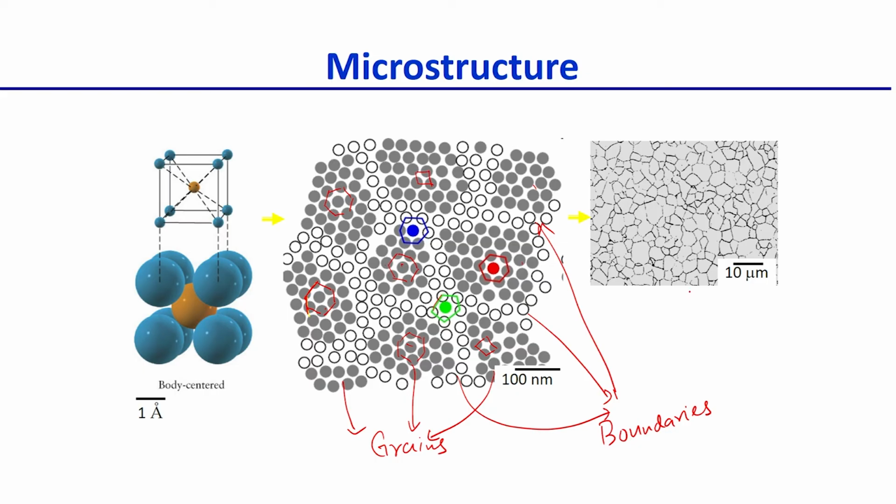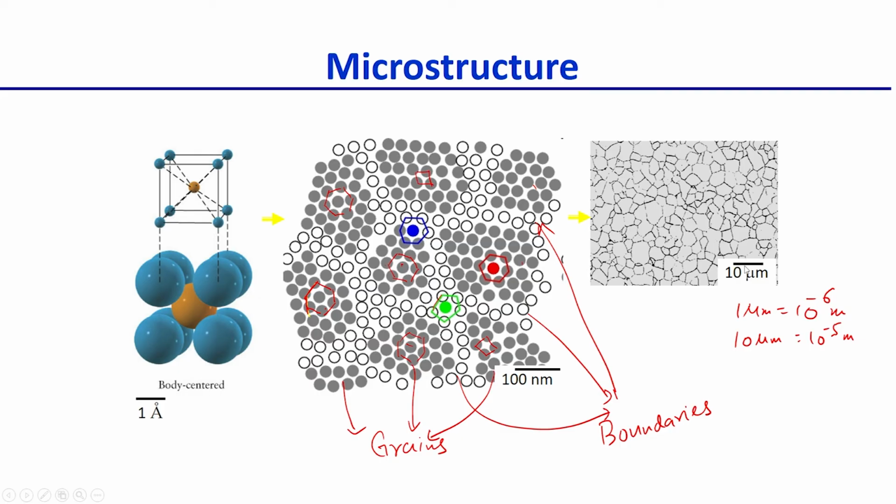Now, I show on the right side an actual microstructure, you can see a 10 micron bar, 1 micron is 10 to the power minus 6 meter, remember that. So, 10 microns means 10 to the power minus 5 meters, that small distance.